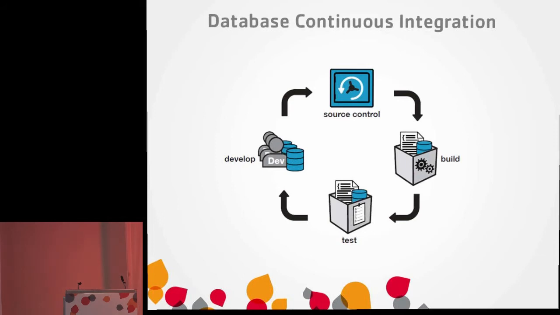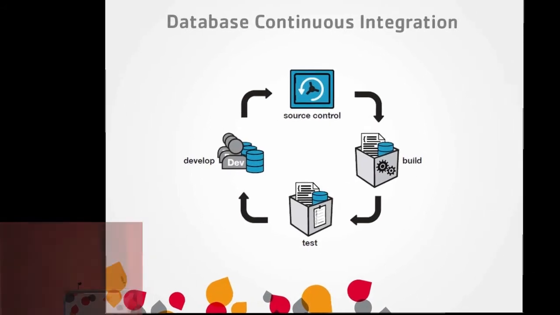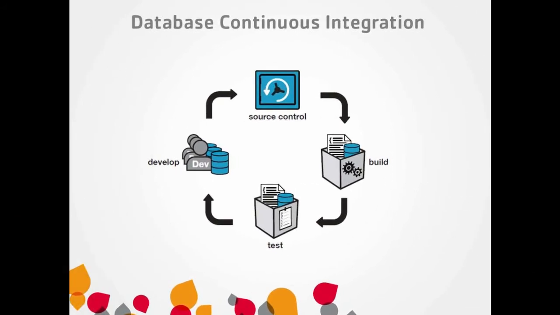You have a build system, and there are lots of build tools out there, and that will monitor your source control repository. Every time it sees a change, it will kick off a process, and that process does a build and test. We've tried to depict the database and the application code in the same box, in the same package there, as well as in the testing. And the feedback loop comes back to development, because it's a development-only process.